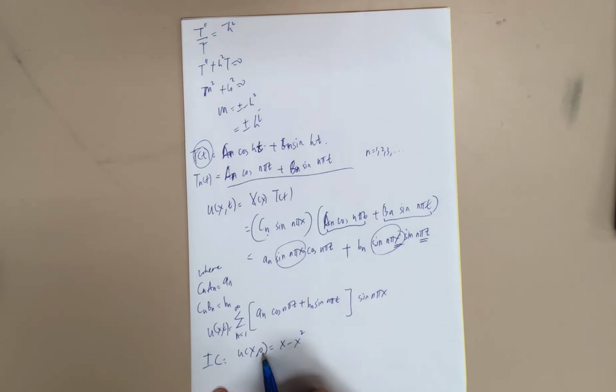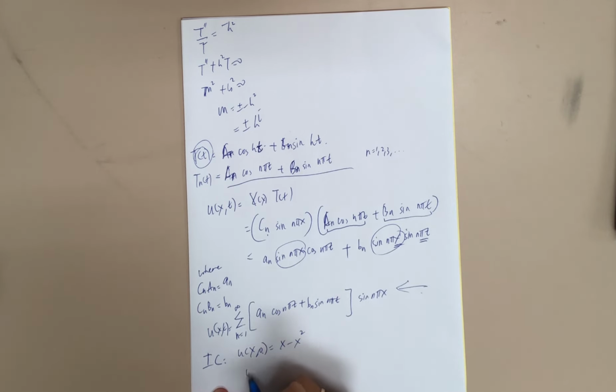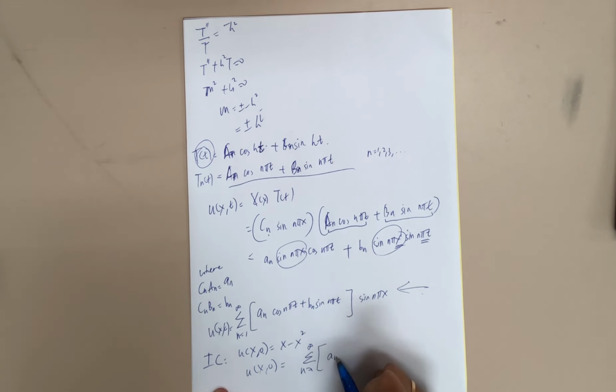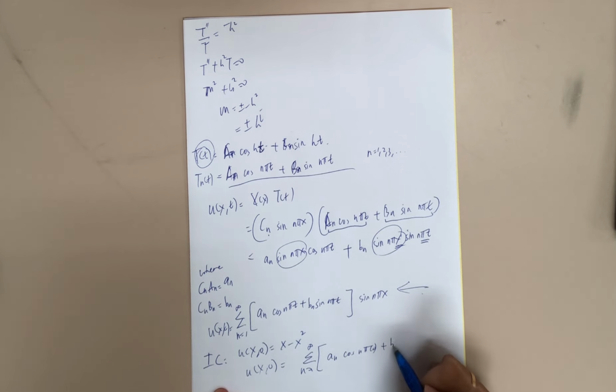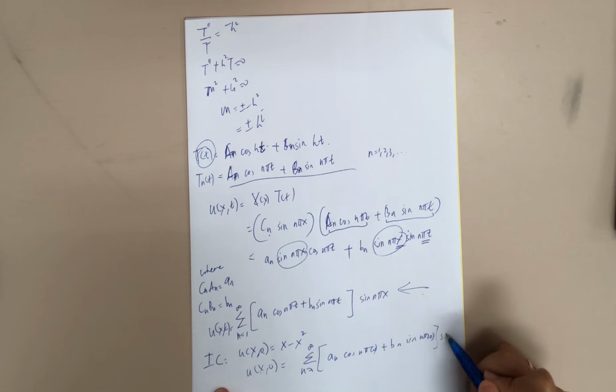So you substitute t equals 0 into this equation. You will get the summation n from 1 to infinity of an cos n pi 0 plus bn sin n pi 0, and then sin n pi x.